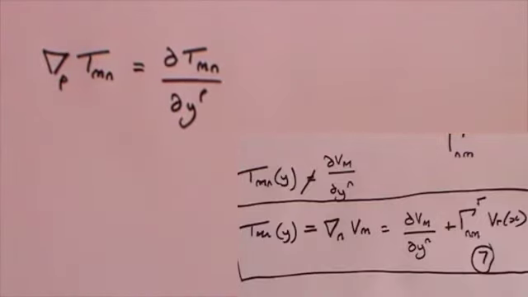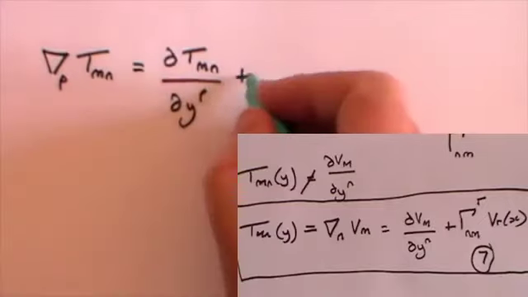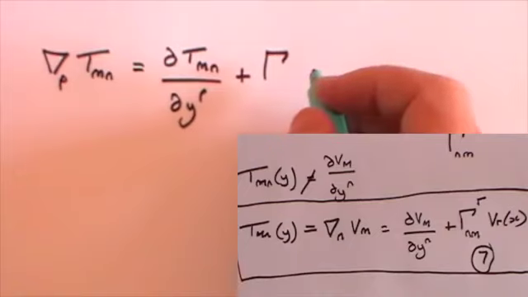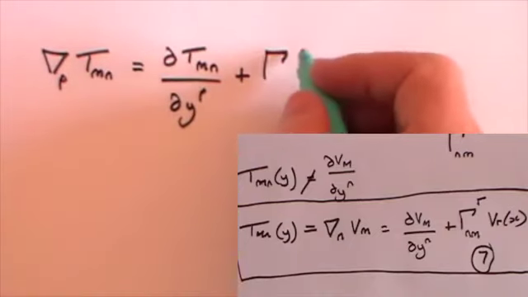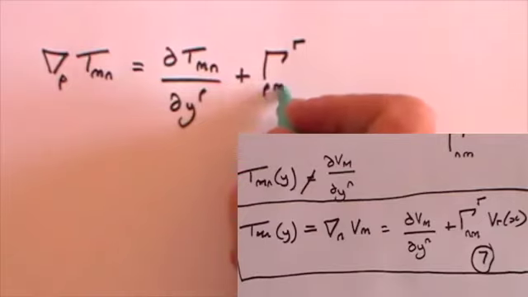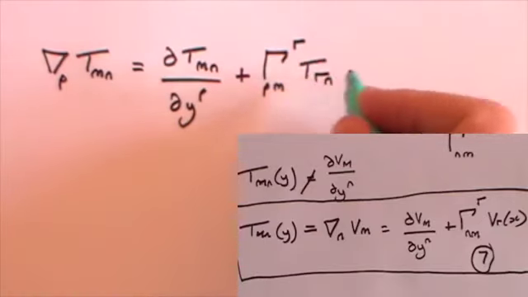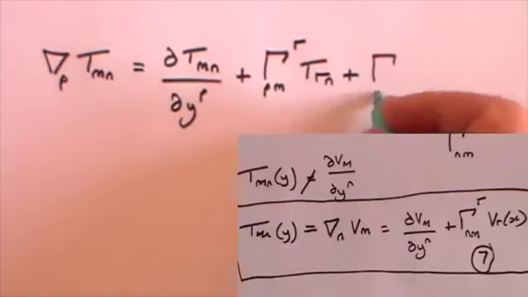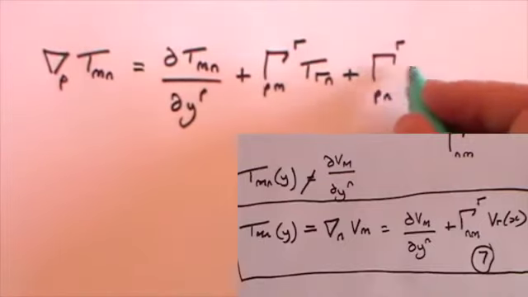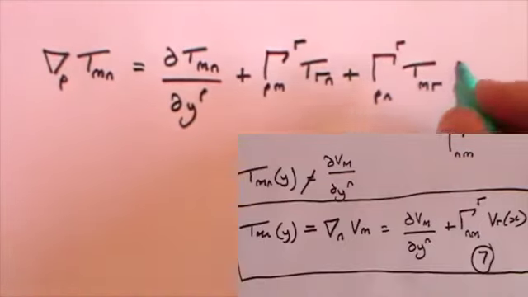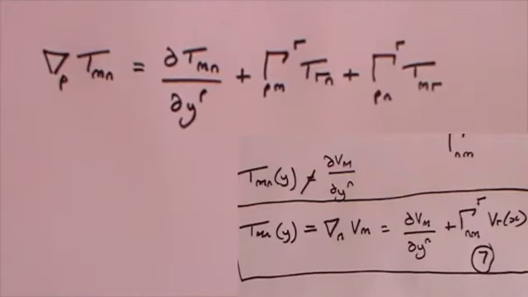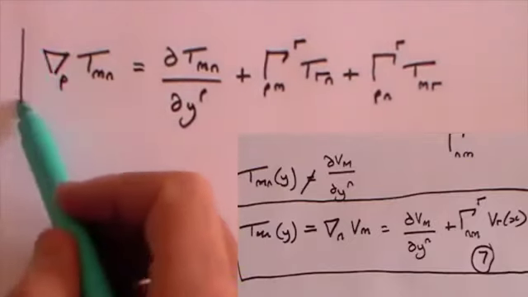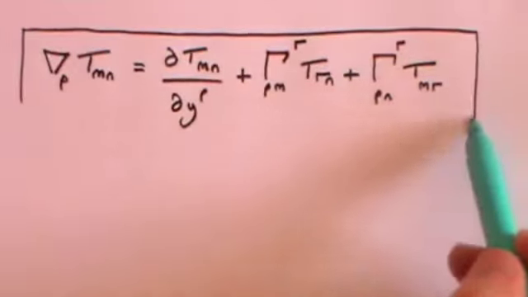But now I'm going to need two Christoffel symbols. So I'm going to need one for the m element and one for the n element. So this is going to be plus another Christoffel symbol for the n element, and that's the transformation of a tensor from one frame of reference to another. And we'll call that equation number 8.